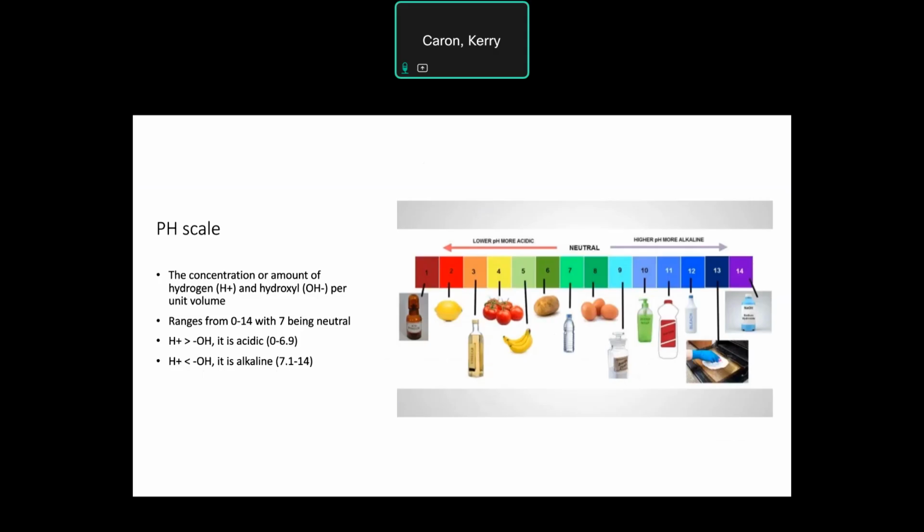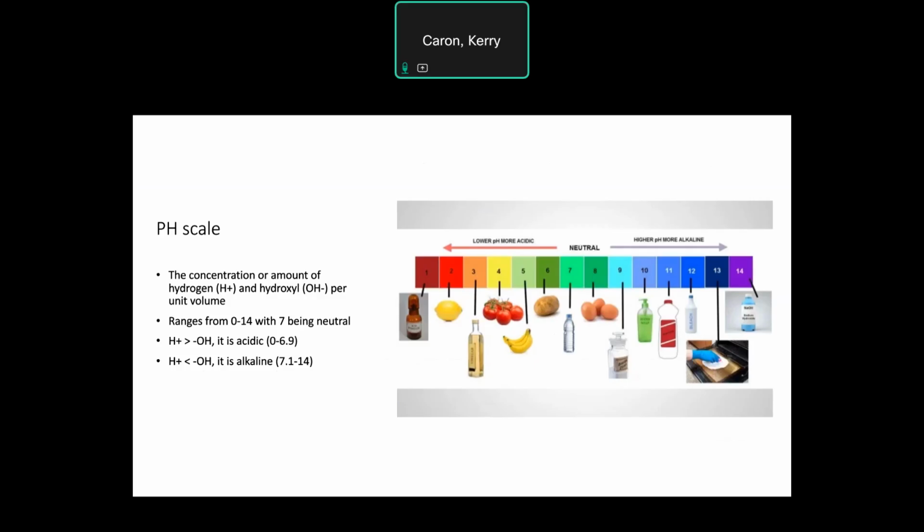So neutral is 7 on a scale from 0 to 14 or 1 to 14. 7 is neutral. Our blood is 7.4 or a tight range between 7.35 and 7.45. So it is slightly basic or slightly alkaline.